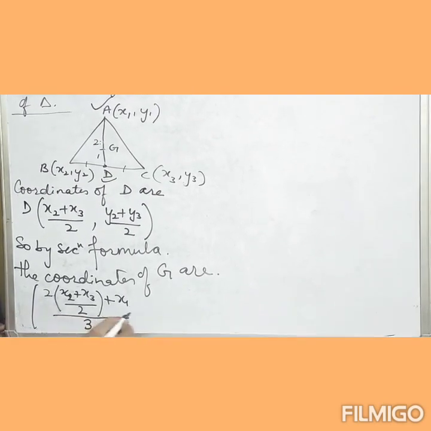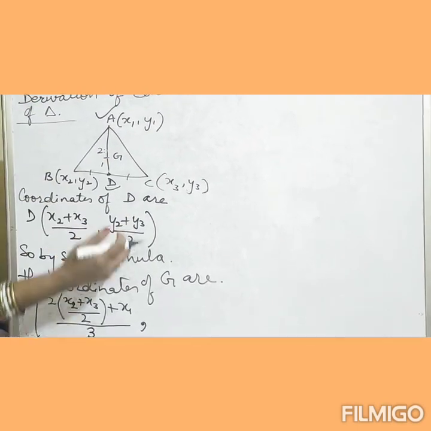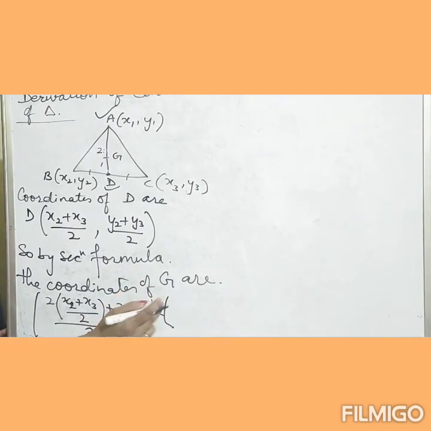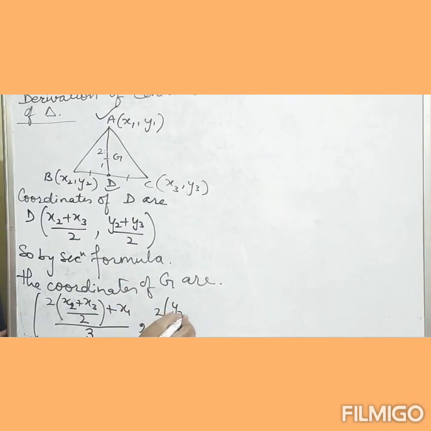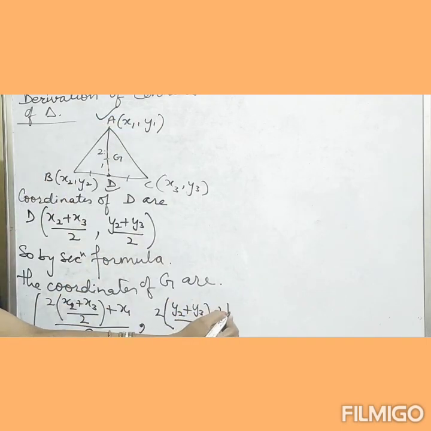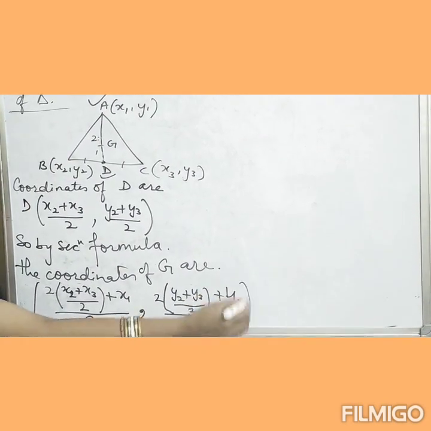Similarly, we can apply this for the y-coordinate: 2 into (y2 plus y3) by 2, plus 1 into y1, divided by 1 plus 2, that means 3.